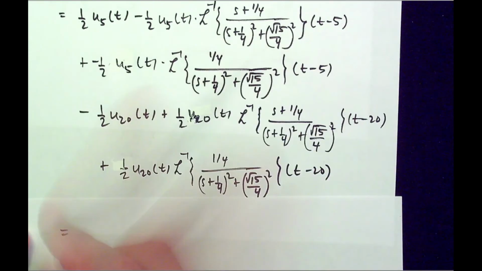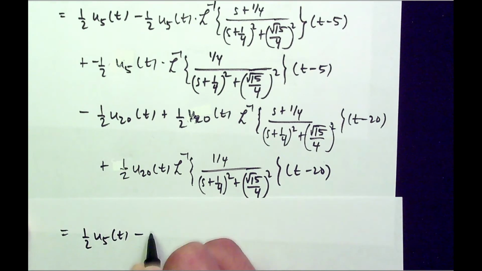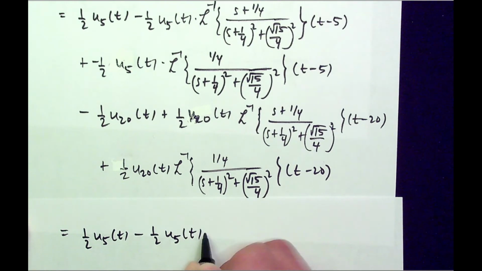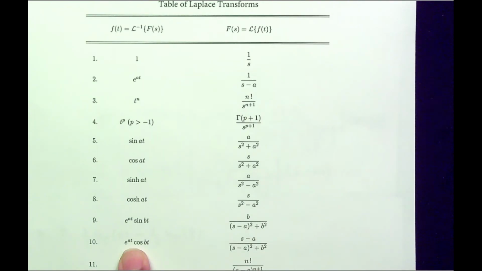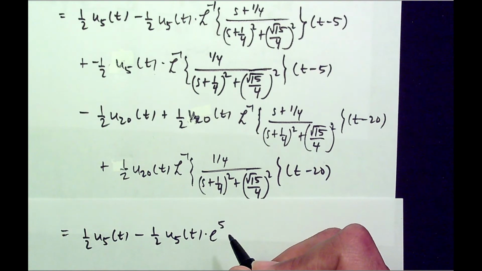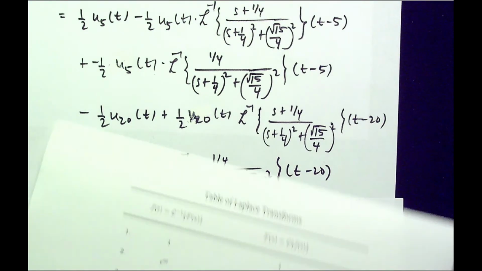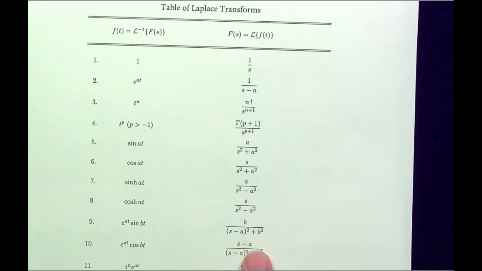So let's start. This is going to be 1/2 u sub 5 t minus 1/2 u sub 5 t times, we just said, e to the... sorry, a is not 5, a is a quarter.